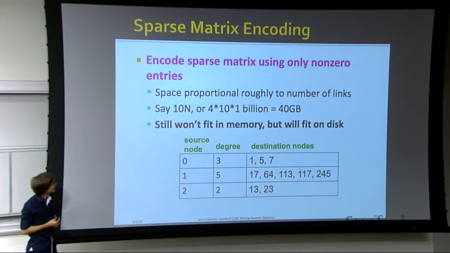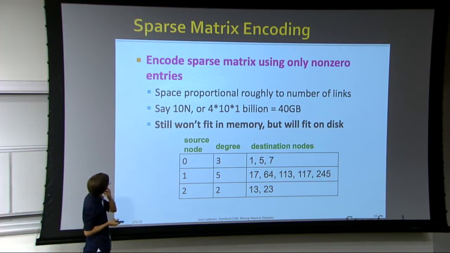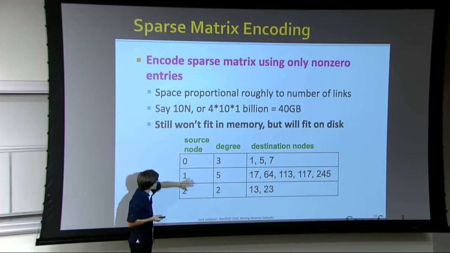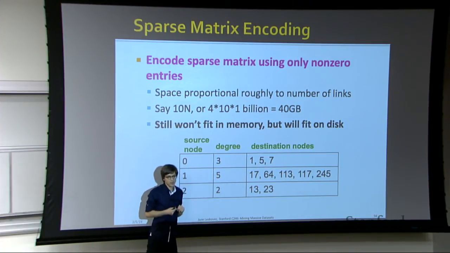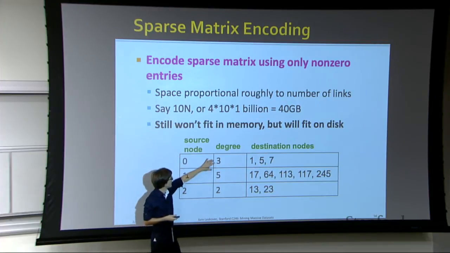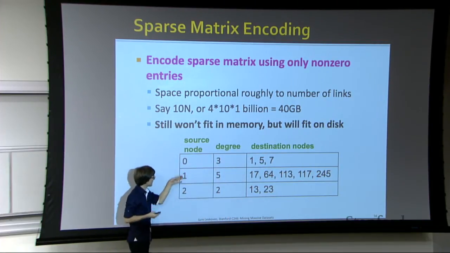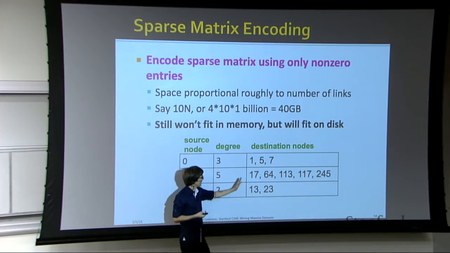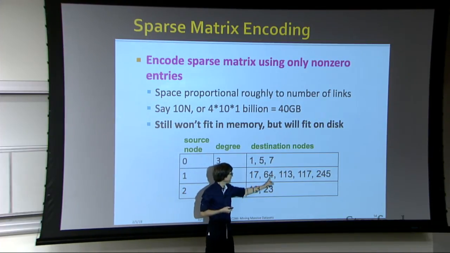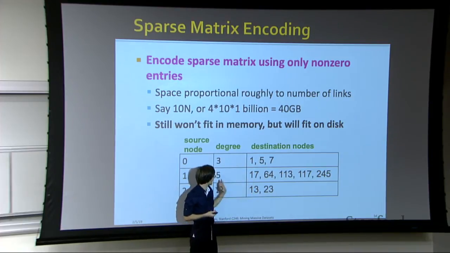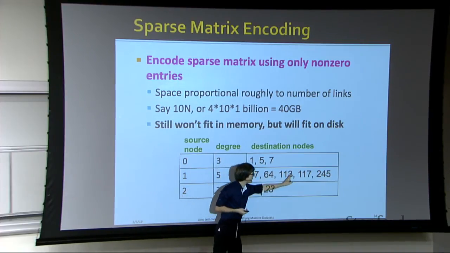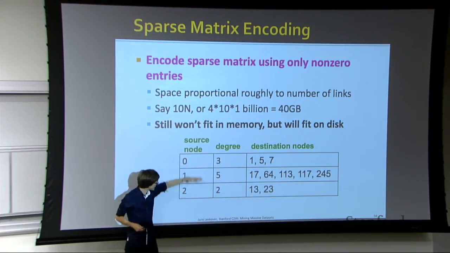So the idea is that you can pre-process your adjacency matrix in this type of format, where I have the source node, I have the degree, and then I have the IDs of the destination nodes. And then I have the next node, its out degree, and then out-degree number of IDs of the target nodes, and so on and so forth.